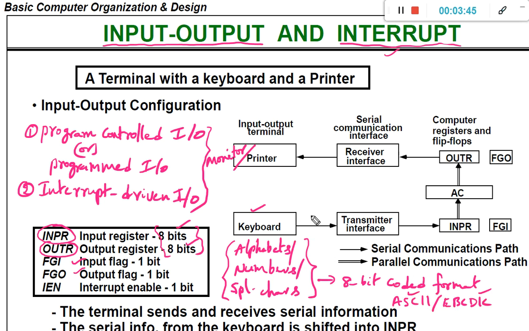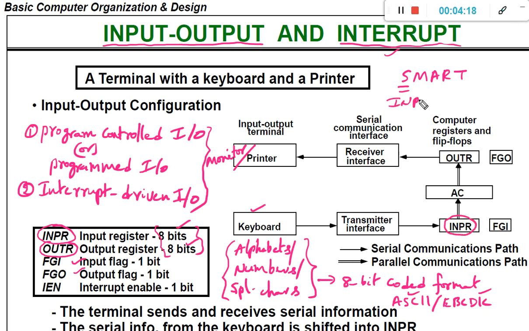Once we press a particular key, then through the transmitter interface, it will be stored in INPR. For example, I am keying in a particular word, SMART. Initially the letter S will be pressed on the keyboard. Then it will be transmitted through the transmitter interface and stored in INPR.